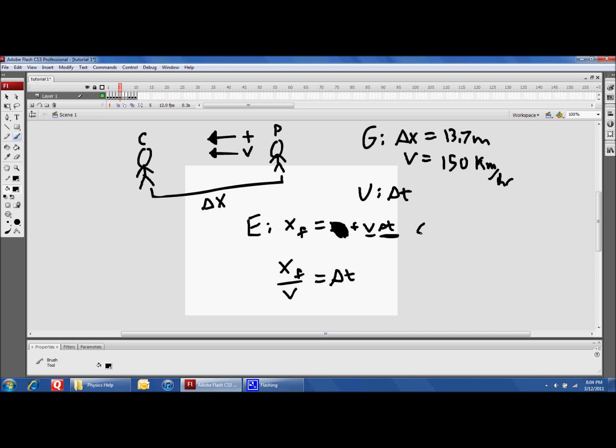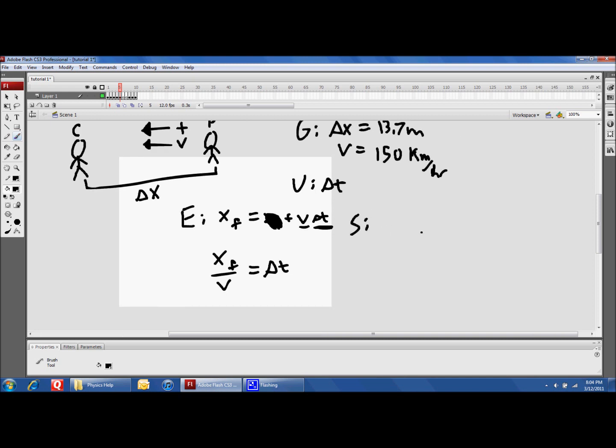So for our substitution, we have 13.7 meters over 150 kilometers per hour. Now this makes us run into a problem. The units are not the same. We have meters up here and kilometers down here.